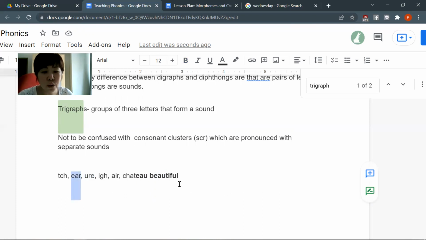How do we read entrepreneur? There's so many ways of reading that word. You said it correctly. Entrepreneur.